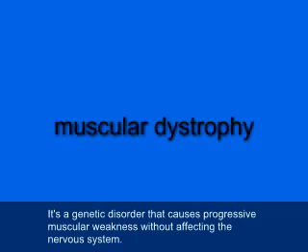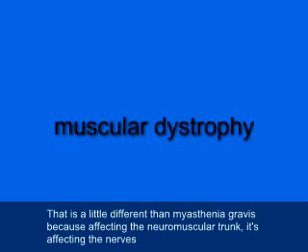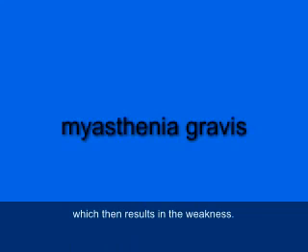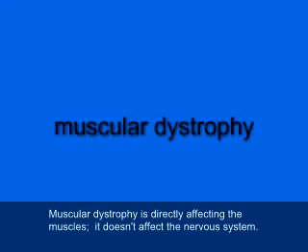It's a genetic disorder that causes progressive muscular weakness without affecting the nervous system. That's a little different than myasthenia gravis because affecting the neuromuscular trunk, it's affecting the nerves, which then results in the weakness. Muscular dystrophy is directly affecting the muscles. It doesn't affect the nervous system.